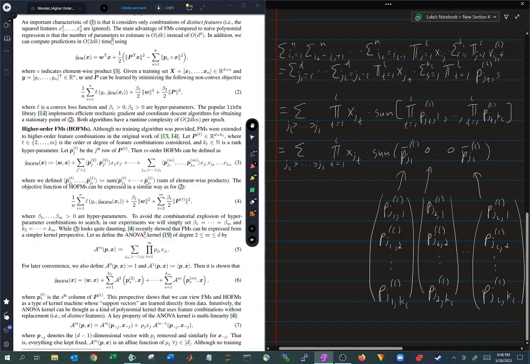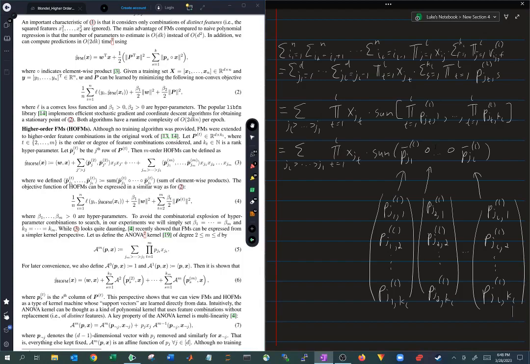So what is the first entry? When we do the pointwise products of these vectors, that's going to give us another vector of size KL at the end. And so what are going to be the entries?